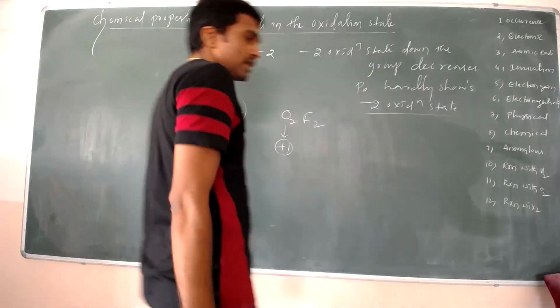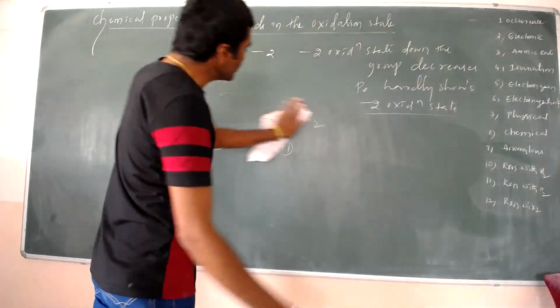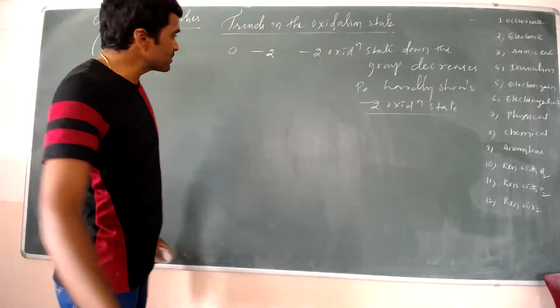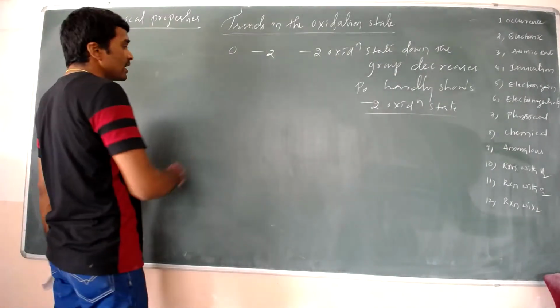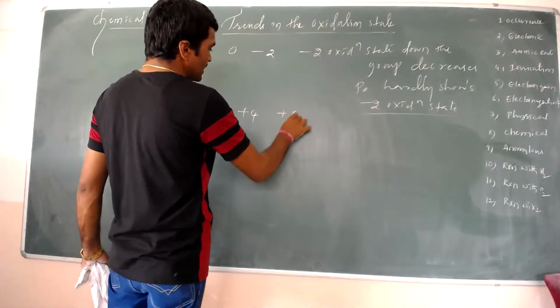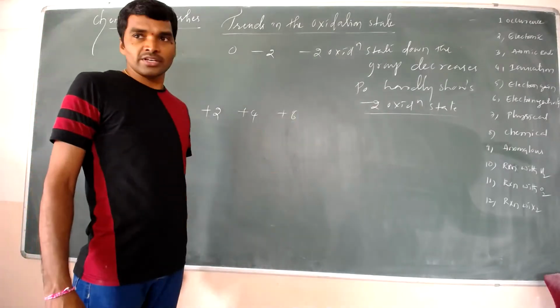Okay, see all these elements exhibit common oxidation states, that is +2, +4, and +6. The very common oxidation states are +4 and +6.